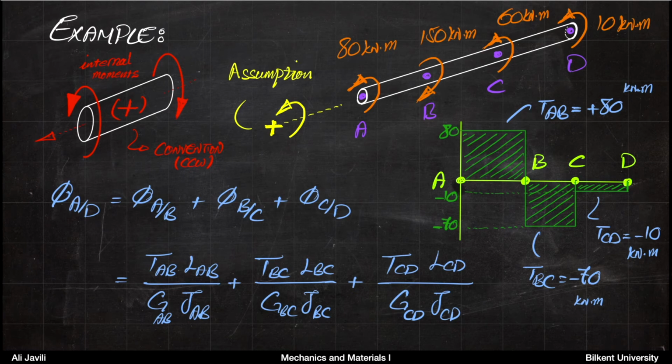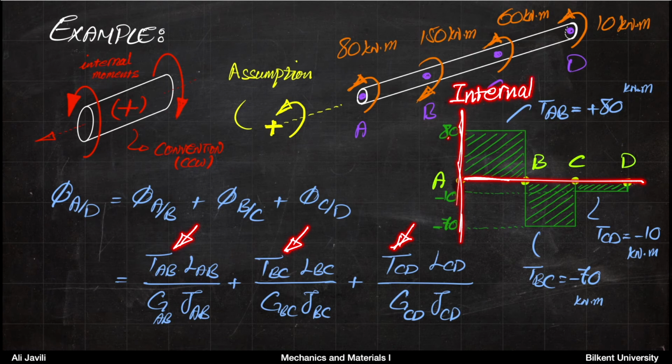Okay, and then as always, in order to calculate the internal torques, it's a very good idea to draw this sort of graph. So you would just draw the internal torque, and then again, the vertical axis is internal torque.